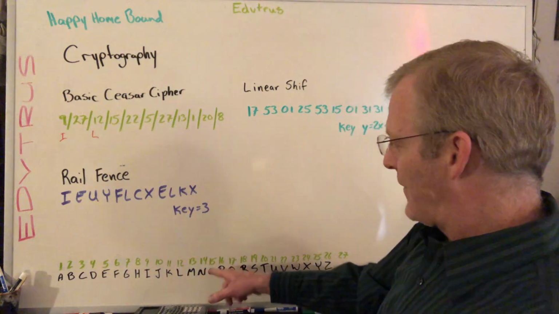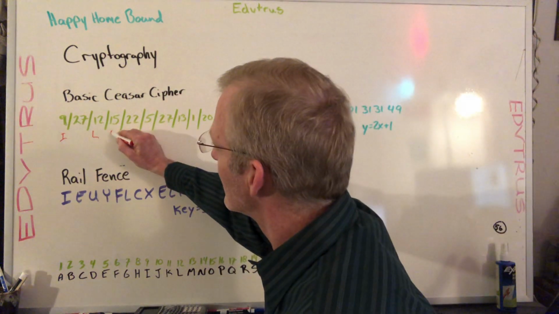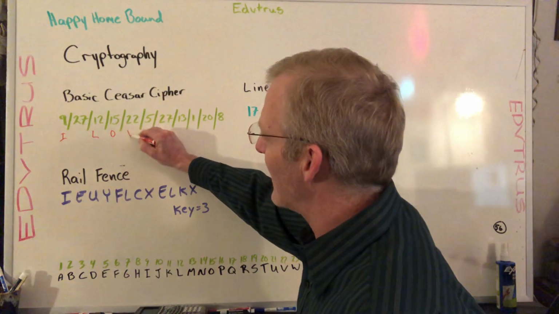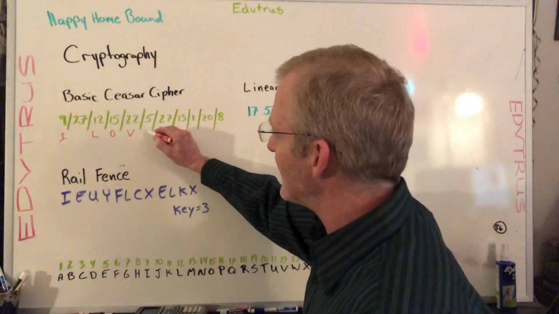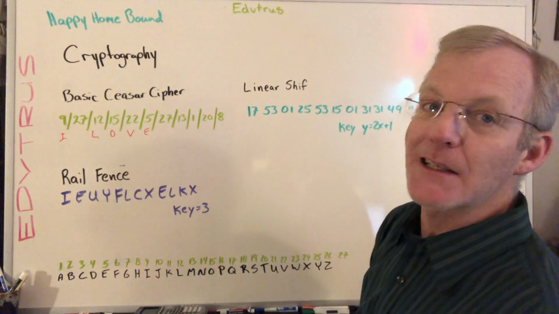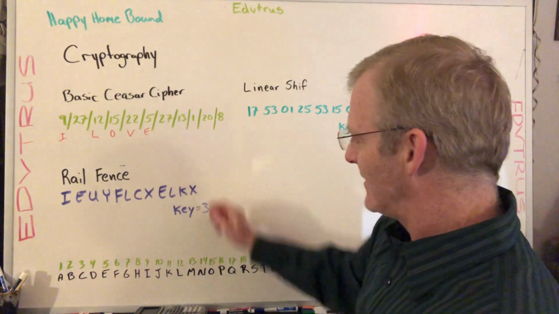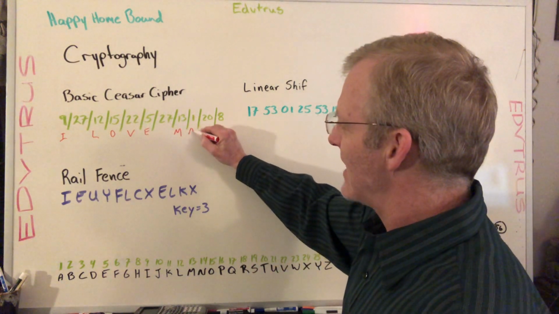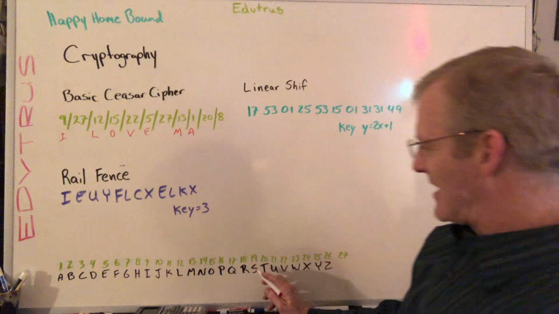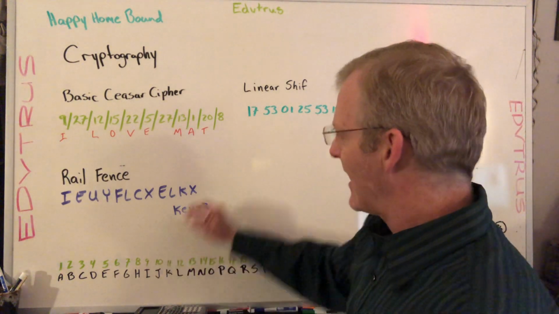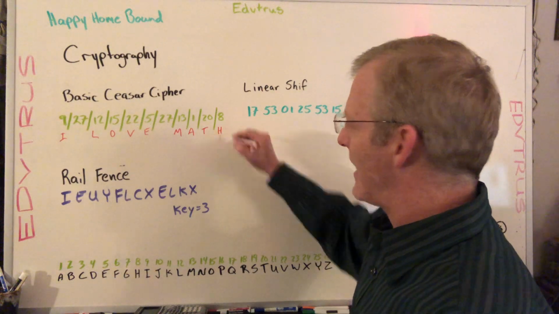I don't know, L. 15 is O. 22 is V. I bet you're getting there. 5 is E. What is it Mr. Manning loves? Well, there's a blank space to tell you. 13, yeah, you guessed it, start with the letter M. 1 is an A. 20 is T. And 8, H. I love math.